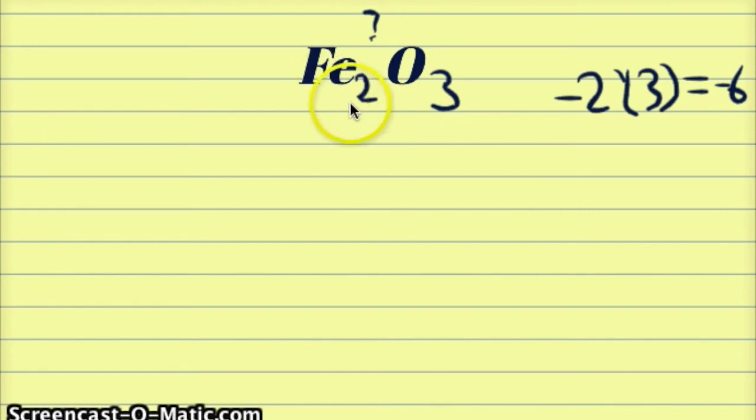With that we know that we need to get 6 positive, so 6 divided by 2, because that is how many irons we have, equals 3.